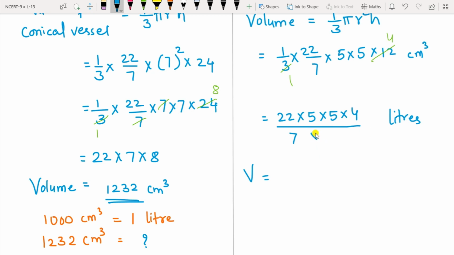And if you need to convert it into liters, multiply by 1000 at the denominator. So this becomes liters. On doing the cancellation, it will be 11 upon 35 liters. So this is your volume.